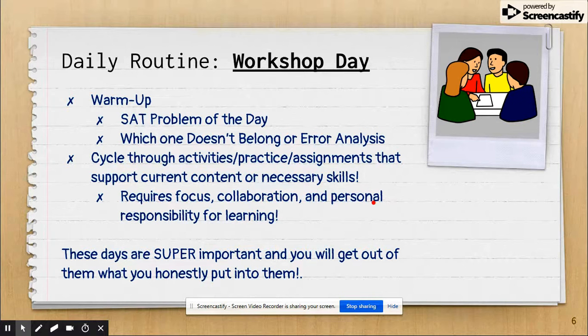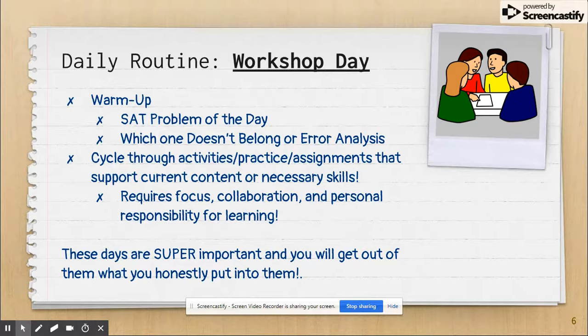So you own your learning at that point. You put into it what you take out of it. If you're goofing off or you're not focused, you're not being personally responsible. You're being responsible for not learning that day. So workshop days are really, really important. It's the day to really let us gel all the information we've learned.